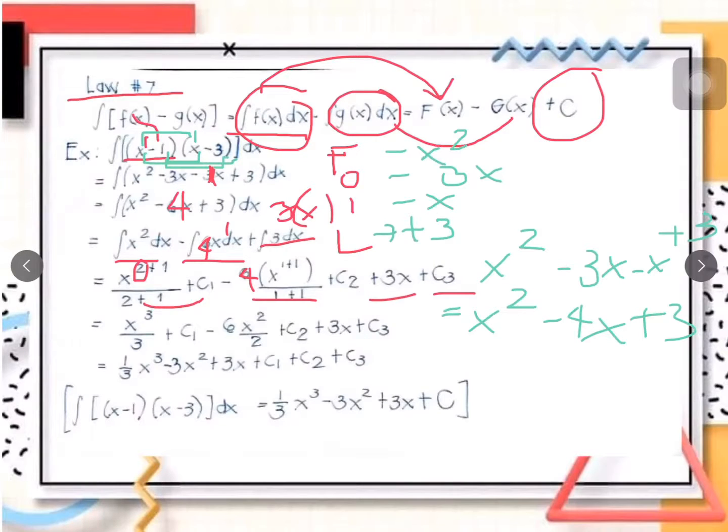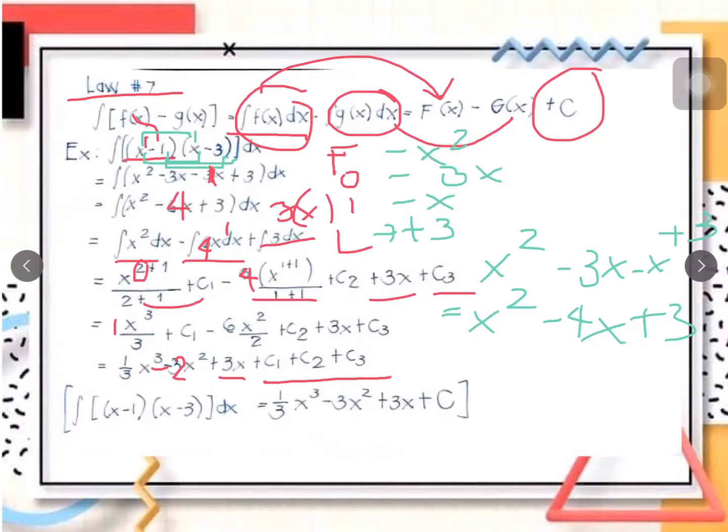By simplifying, we will get 1/3, 1 divided by 3, 1/3, 2 plus 1 is 3, our exponent, minus 4 divided by 2 is equal to 2, x squared plus 3x, then simplifying our arbitrary constant.